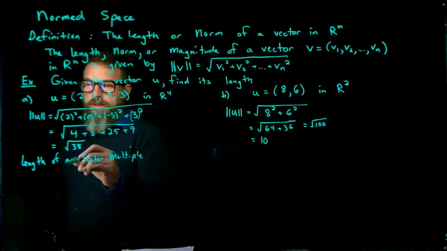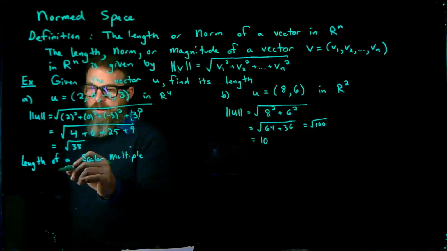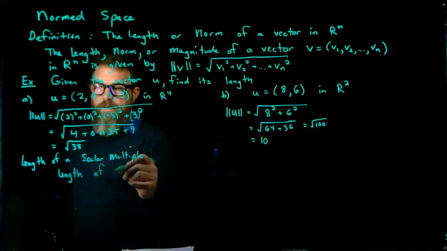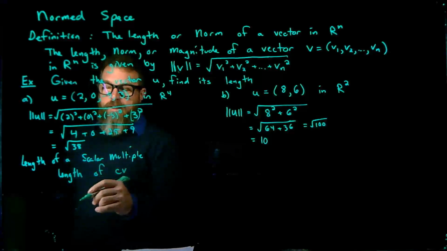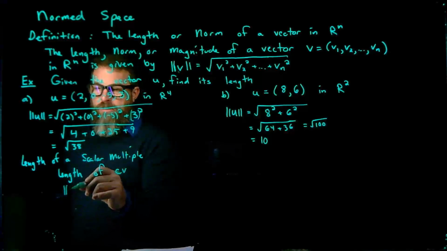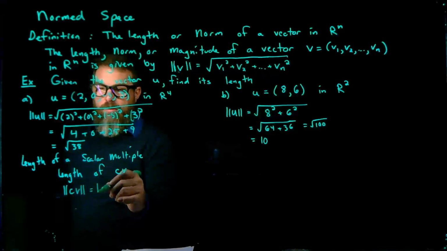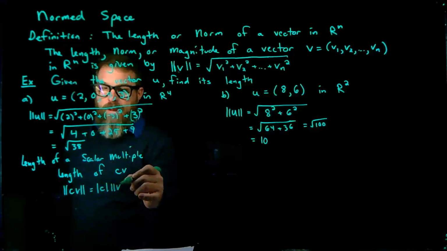So what is the length of c times v? What we're trying to say is the magnitude of a scalar times a vector is going to be equal to the absolute value of that scalar multiplied by the length of that vector.